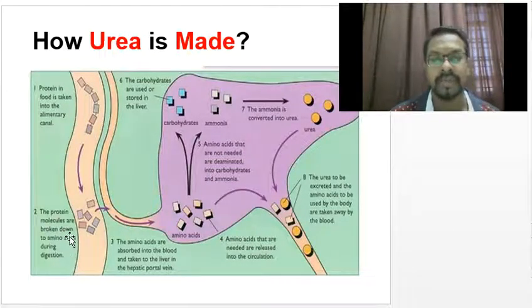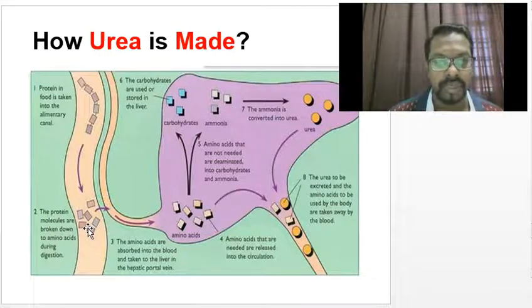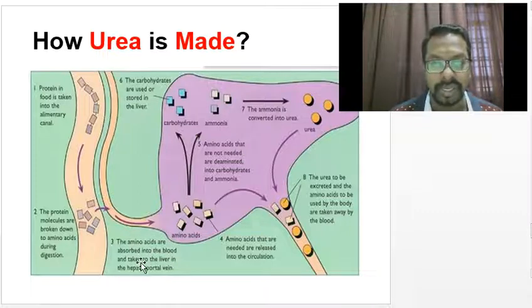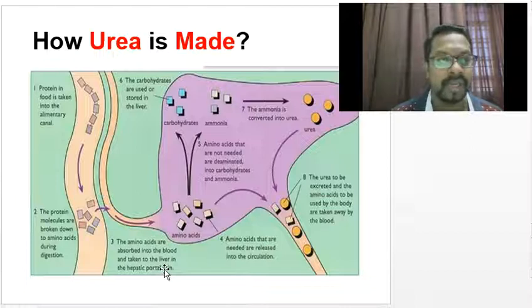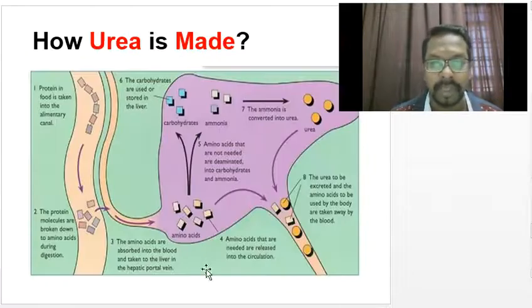Why amino acids? Because amino acid is the base unit for protein. Once they are converted into amino acids, they will be absorbed into our blood. The amino acids are absorbed into the blood and taken to the liver in the hepatic portal vein. Hepatic portal vein, you can remember, it's going into the liver.